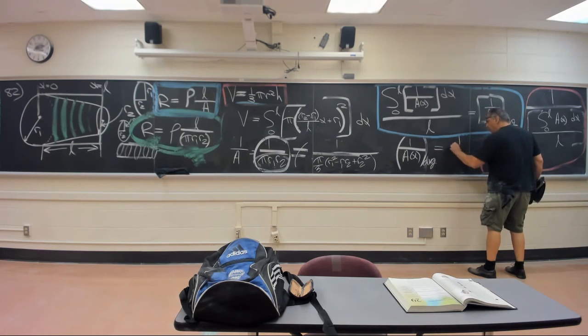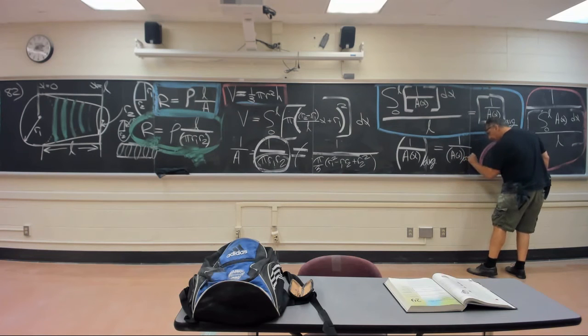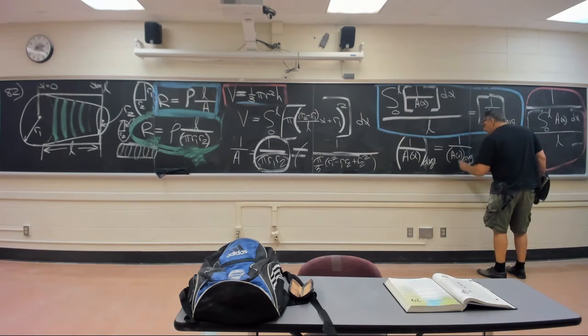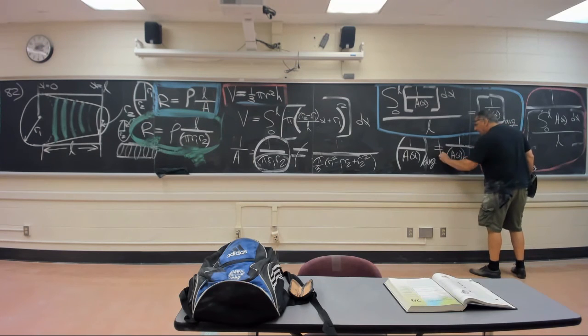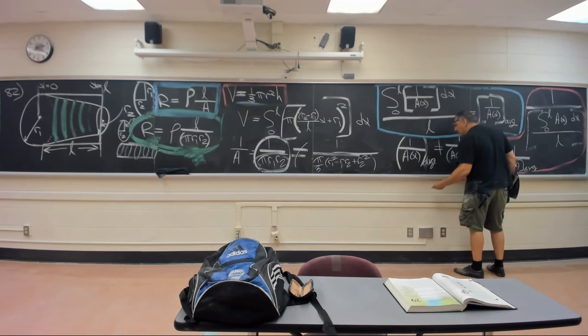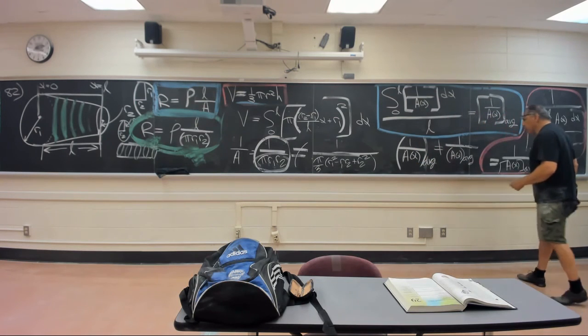1 over, and then this is just the average on the bottom. So 1 over the average area is generally not equal to the average of 1 over the area function.